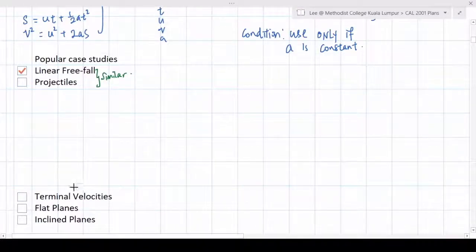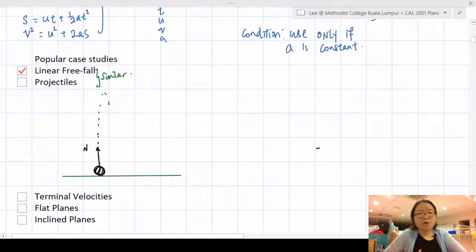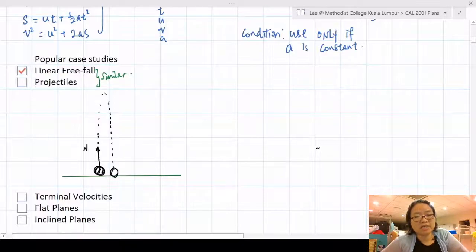Okay, so as mentioned before, free fall is linear. You throw something up and then you send it down. It's one straight line. So for this kind of linear motion, I have to draw it out, if not you can't label.